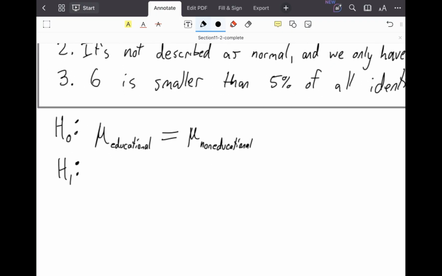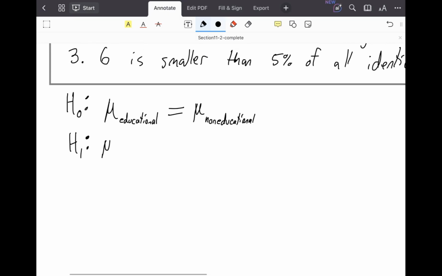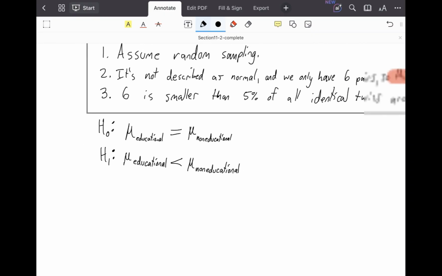So let's do a left tail test in this situation. The people who run the study were probably the people who made these quote-unquote educational toys, and this is what they would want to show. So this is probably okay for us to set it up this way.